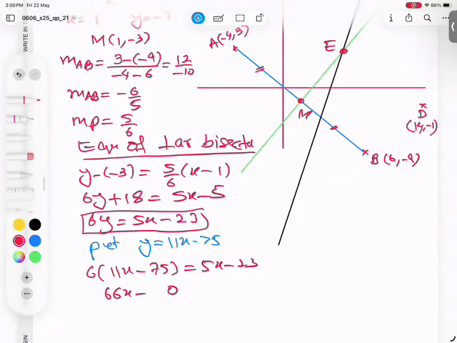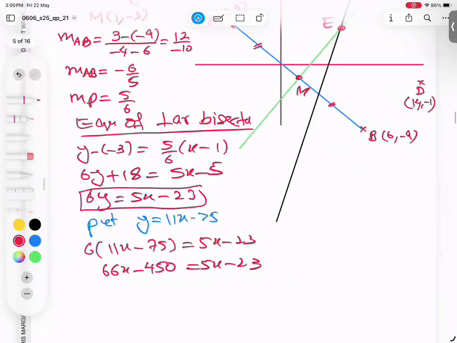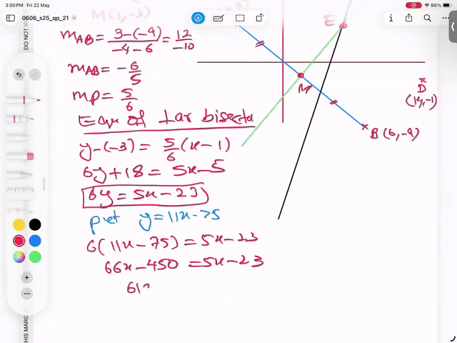So 6 fives are 30, 6 elevens are 66... 6 times 75 is 450. Now I'm going to finalize it. It is giving us 61x, and 450 minus 23, so negative 23 plus 450, divided by 61. And I'm getting 7. So it means this x value is 7.